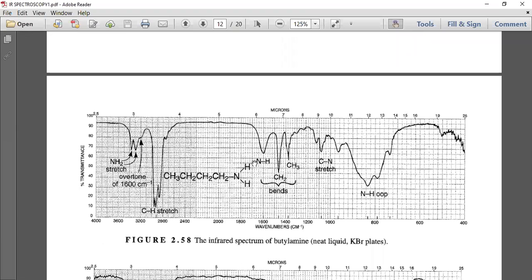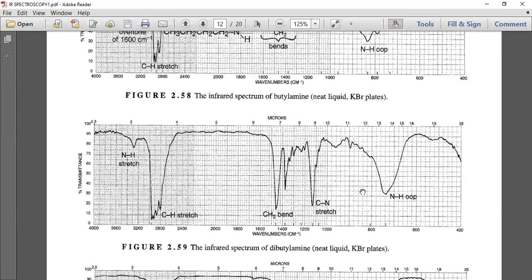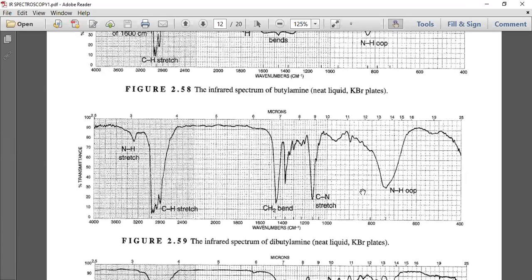For a normal amine, we will also get a doublet if nitrogen possesses two hydrogens, and the NH OOP, a broad OOP. Here, if nitrogen is having a single hydrogen, like N,N-dibutylamine, it will have only one hydrogen on the nitrogen.